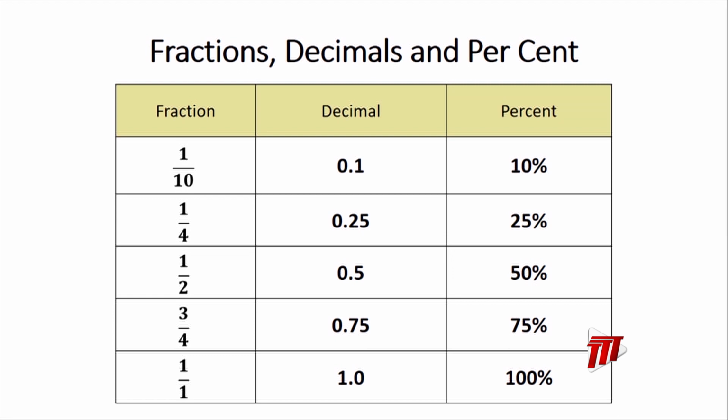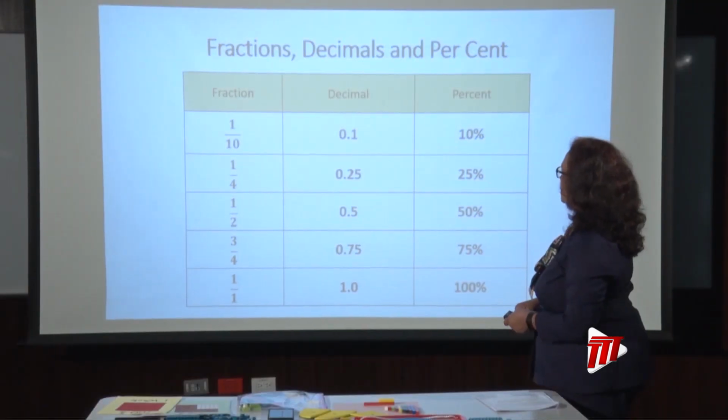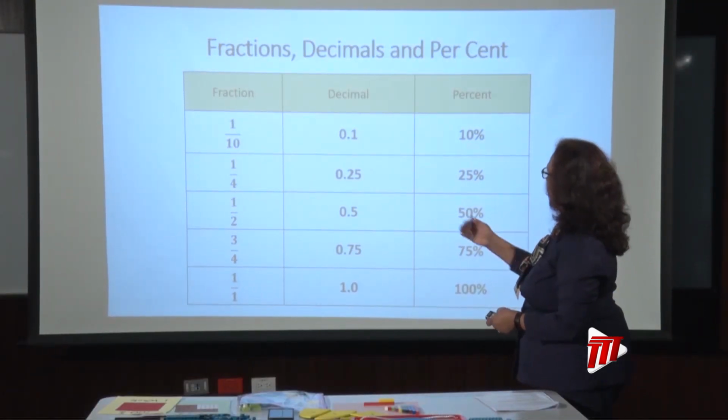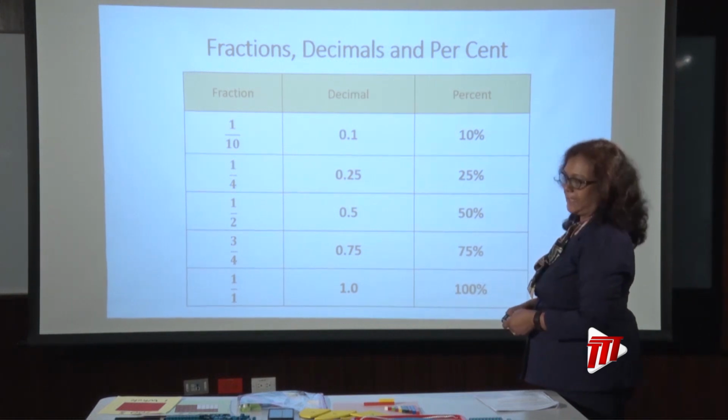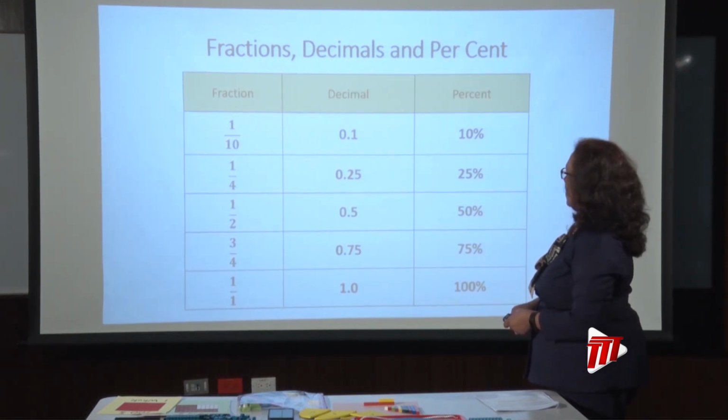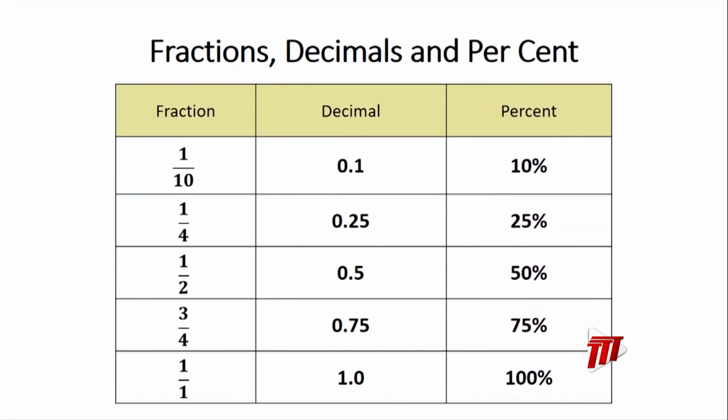What I have done is to use the different models to show you how we can represent these fractions as a fraction, as a decimal, and as a percent. It's very easy, and we could link each of them. We see some of the examples we have here. 1/10 is the same as 0.1, and it's also 10%. And we have seen that on the grid. We have seen a quarter.